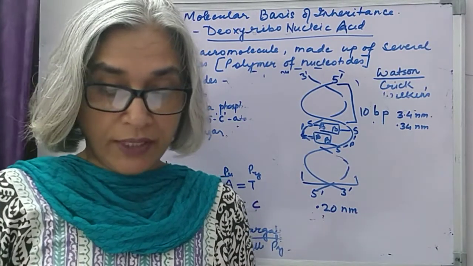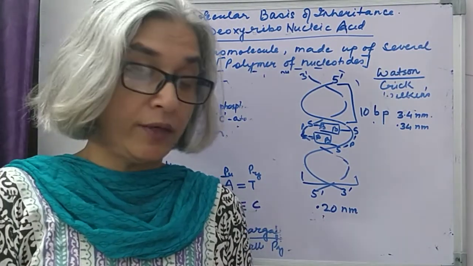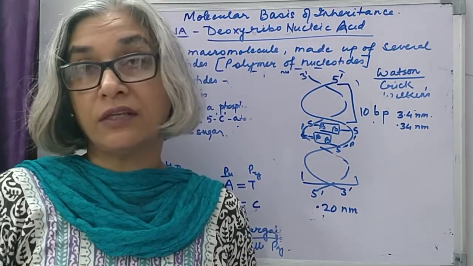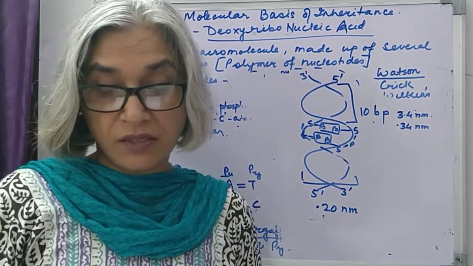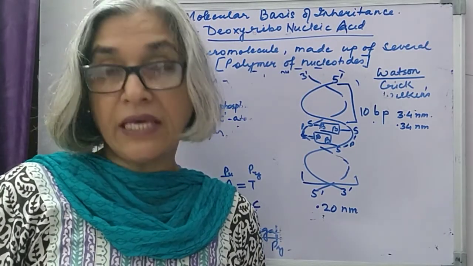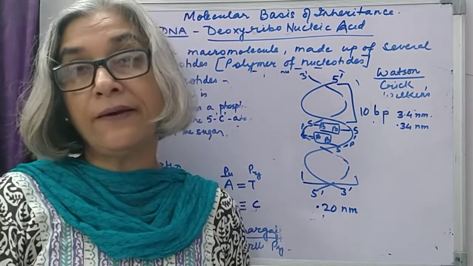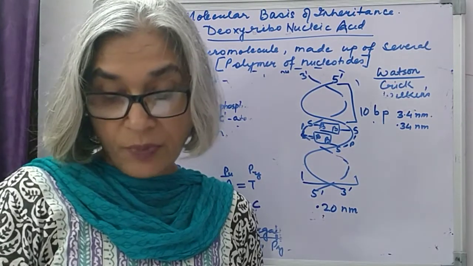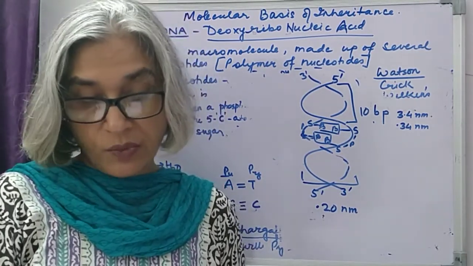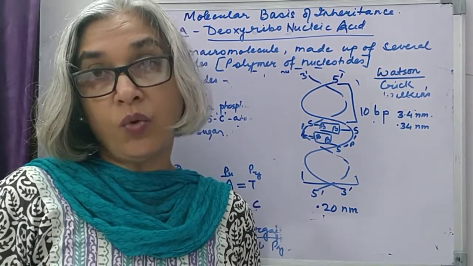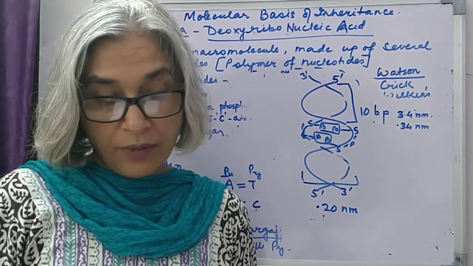The nucleotides in a helix are joined together by phosphodiester bonds. Then Chargaff's base pairing rule says adenine always pairs with thymine and vice versa. Guanine always pairs with cytosine and vice versa. The amount of adenine is always equal to thymine in a DNA molecule.